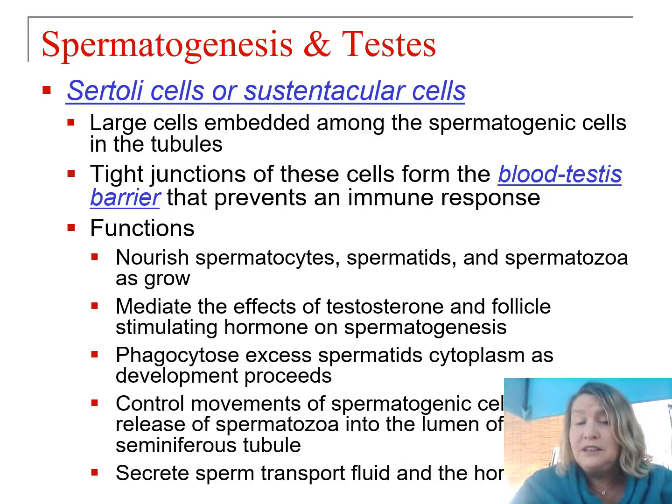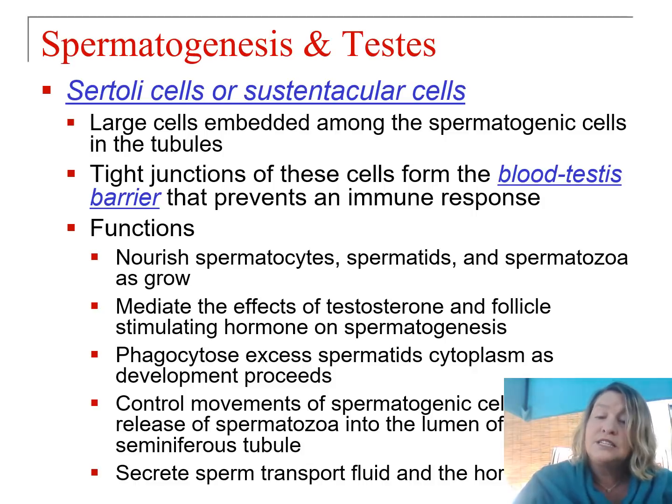Anytime we make changes to the number of chromosomes and to cells, the immune system will recognize it as foreign and therefore would attack. So that's why the blood-testis barrier is so important.